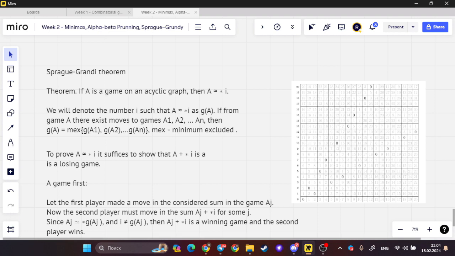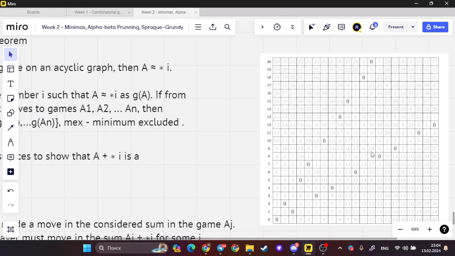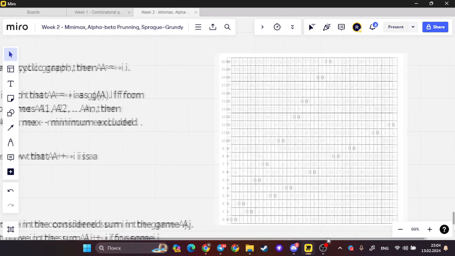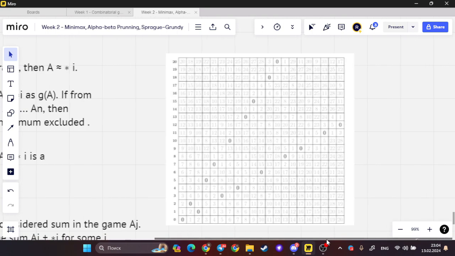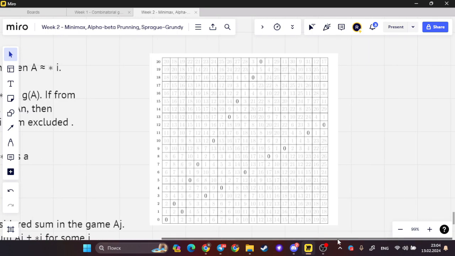This is the theorem. For example, we have the Grundy number for the Pythagorean game that we considered.